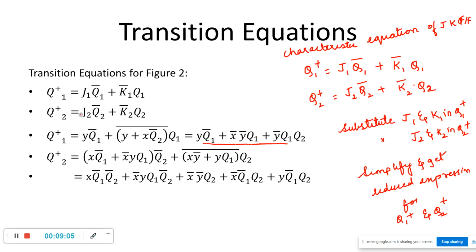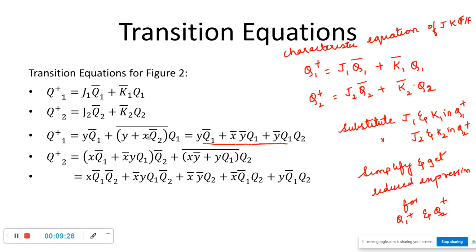Next, for Q2 plus, this is the characteristic equation. In this, we have to substitute J2 and K2, simplify it, reduce it and get the expression. So these are the transition equations. This is the next step, transition equations.